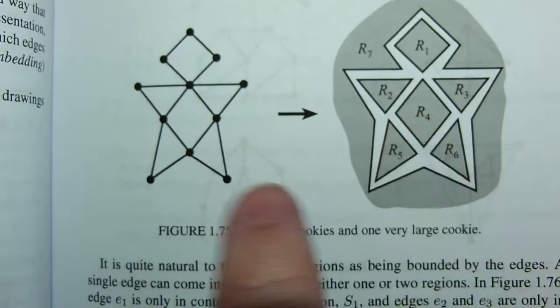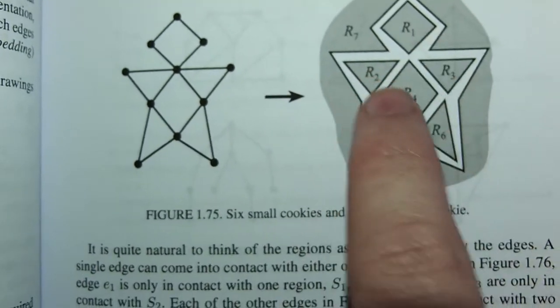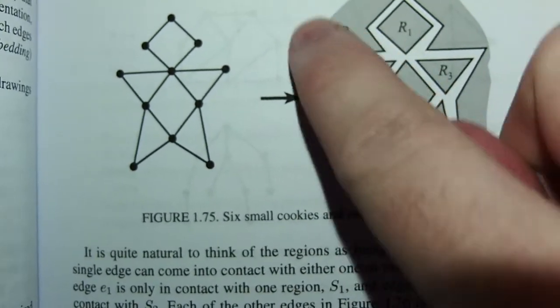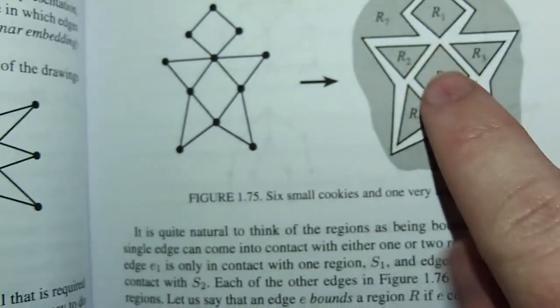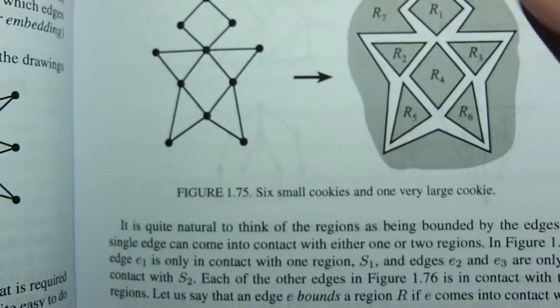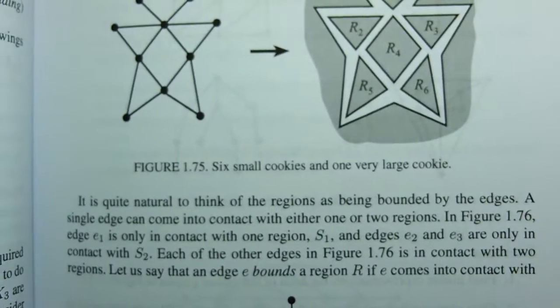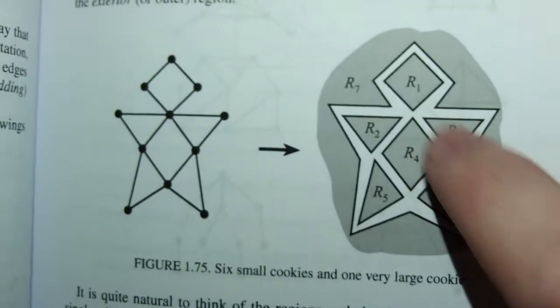The cookies that result from using this cookie cutter on the dough, those cookies are the regions. Of course, there's this exterior region which goes off to infinity. It's unbounded in that sense, but this would be called the exterior region. We are typically going to talk about a region being bounded.